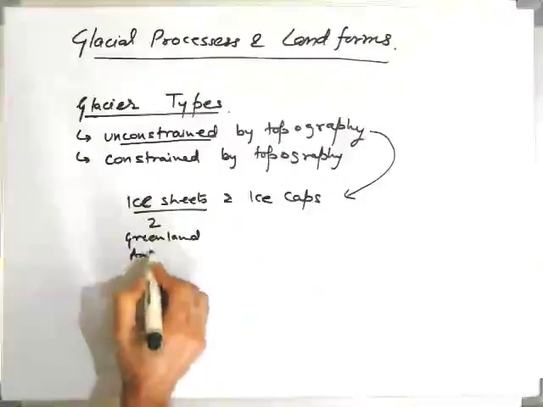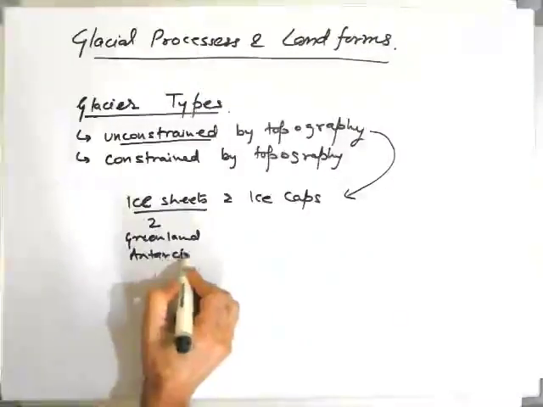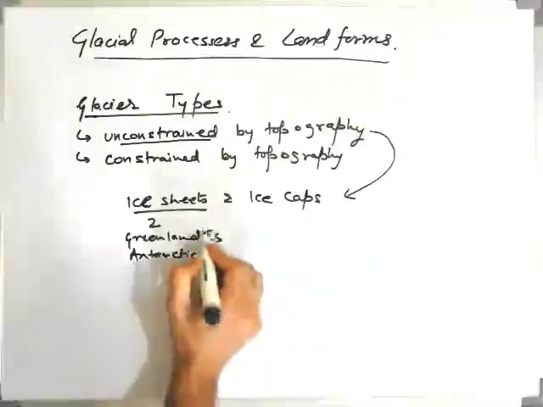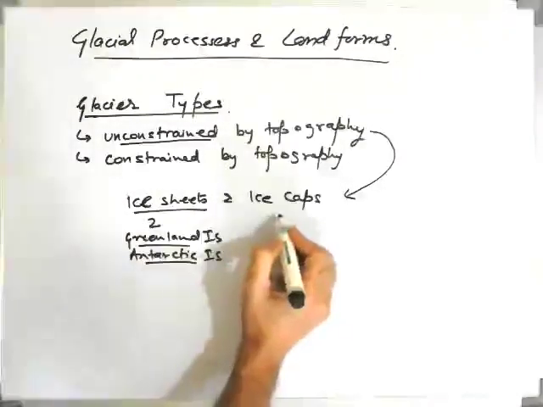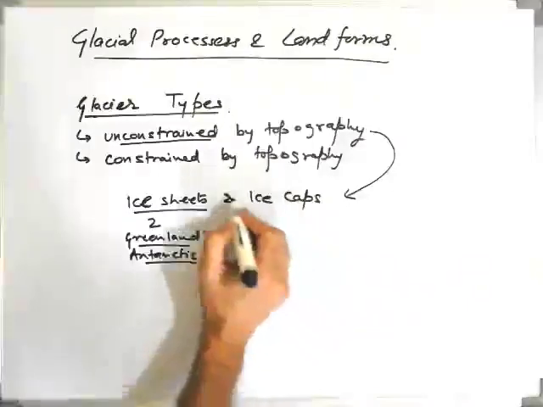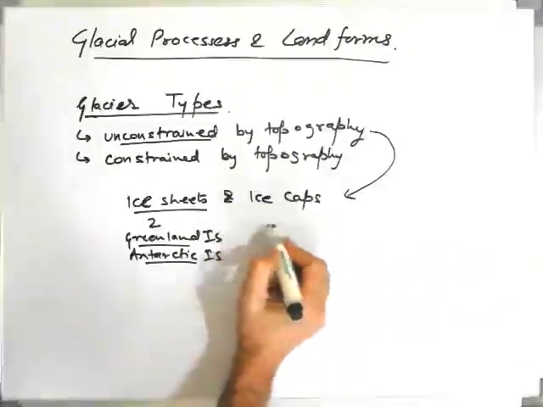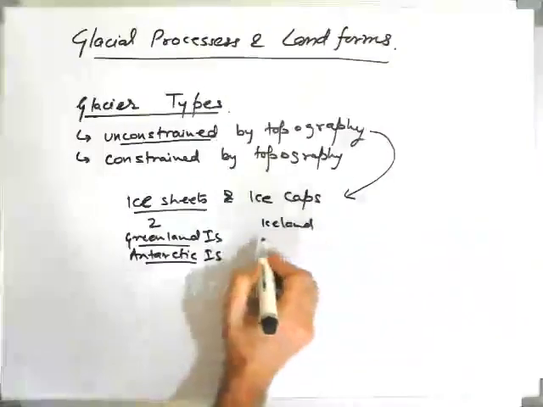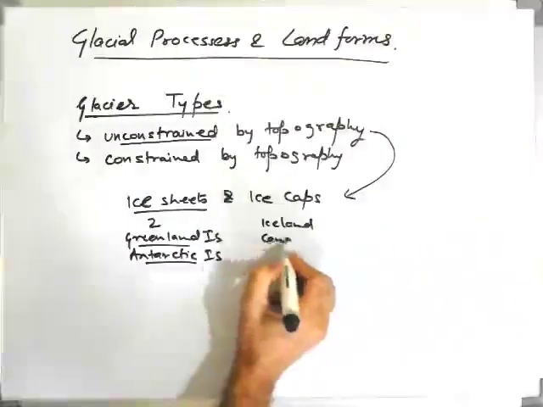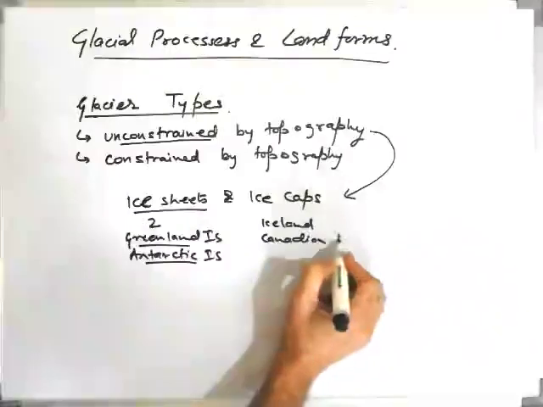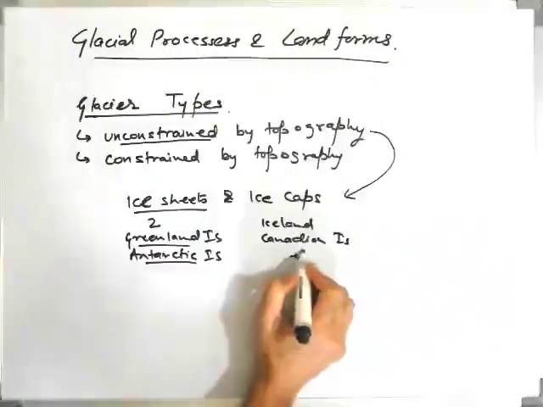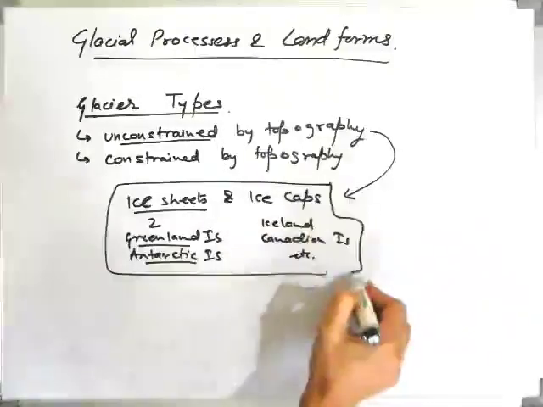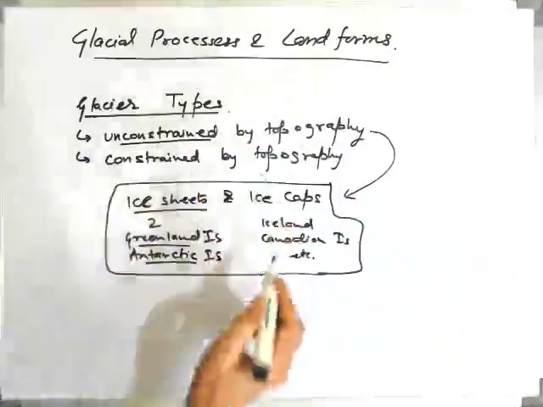and the Antarctic ice sheet. And ice caps, there are many ice caps on the planet. For example, ice caps are present in Iceland and in the Canadian islands, etc. Now these ice sheets and ice caps are unconstrained by topography.